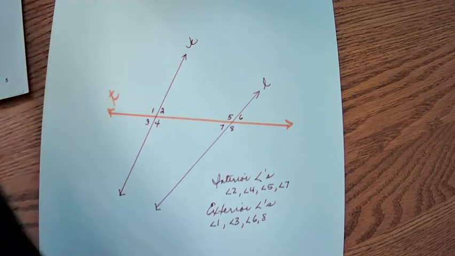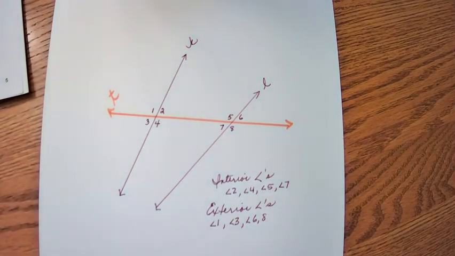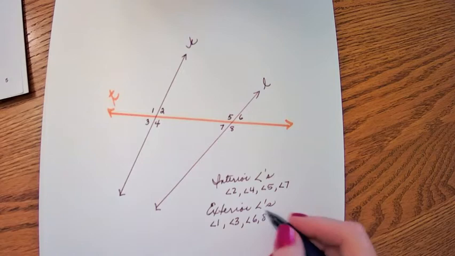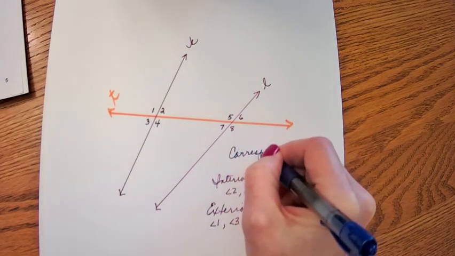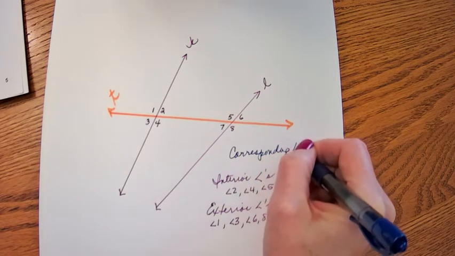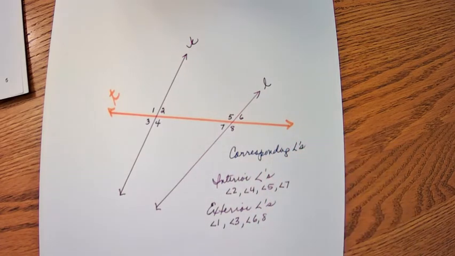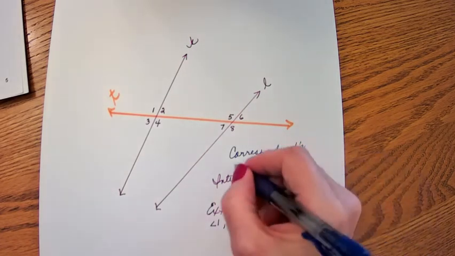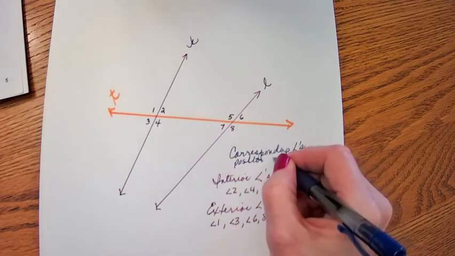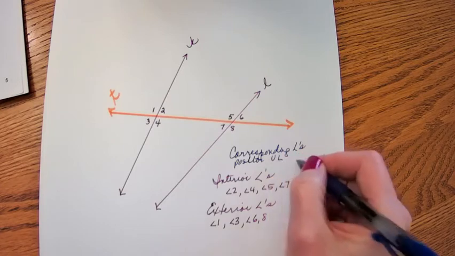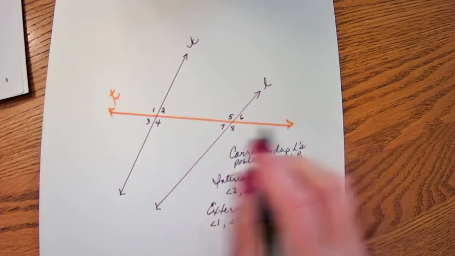Another relationship that exists is when we look at the position, we have corresponding angles. And this is a pair of angles that are in the same position. And by position, I mean upper or lower, left or right.